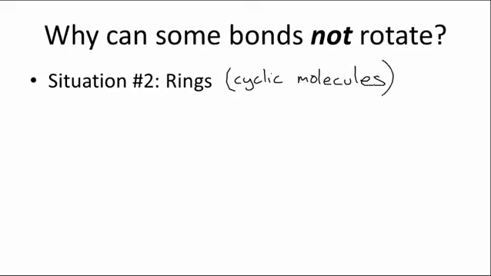You can prove this to yourself pretty easily. If you make a ring of atoms and you try and rotate around bonds, there's going to be some freedom of rotation, but the ring prevents you from freely rotating. So if you have, say, a 5-membered ring or a 4-membered ring, each bond might have some flexibility, but it's not free rotation.